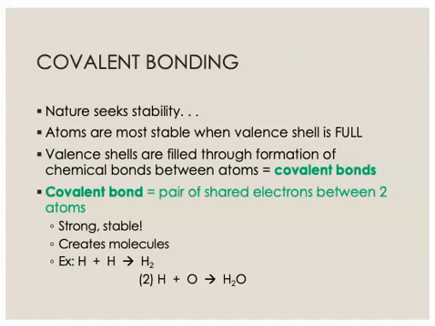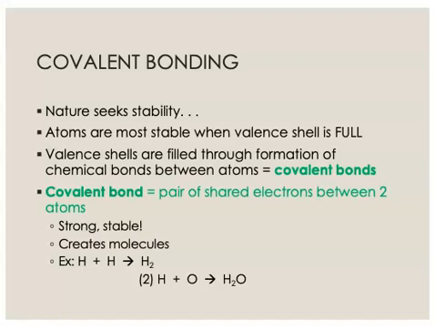Now, the way that valence shells can become full is when atoms interact with each other. That's how covalent bonds are formed between atoms. So, for example, if 2 atoms each have an unpaired electron in their valence shell, both of those atoms are unstable.